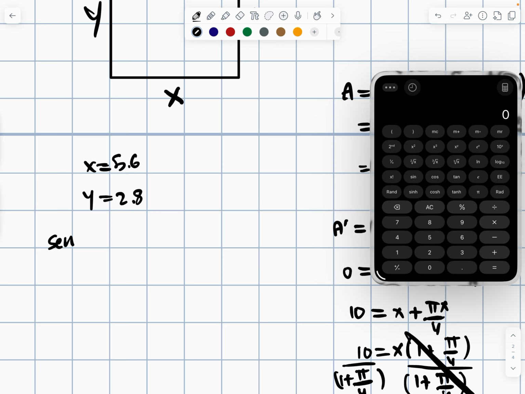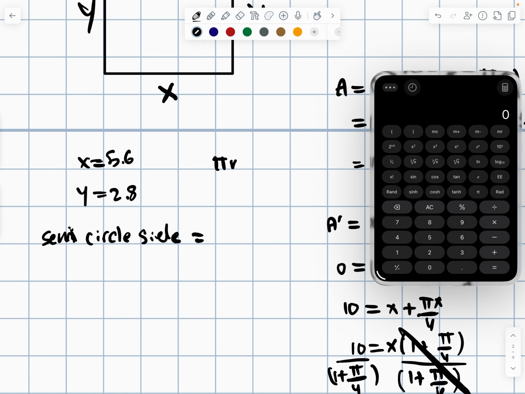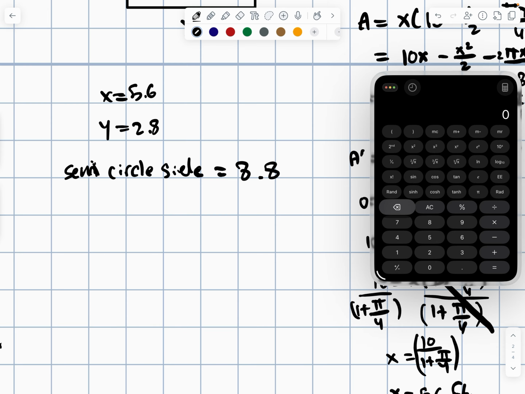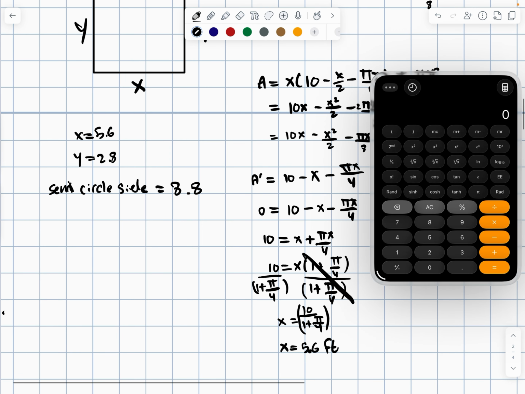So the semicircle side is going to equal pi times r, which is pi x by 2, and x by 2 is 2.8, so it's just 2.8 times pi. So 2.8 times pi is 8.79, 8.8 approximately, and that is our dimensions.